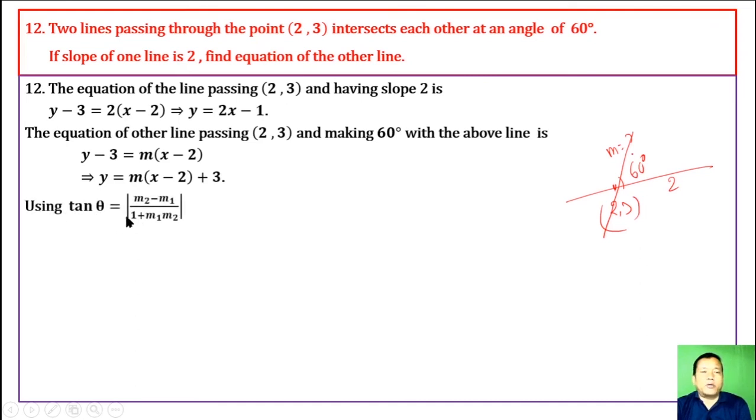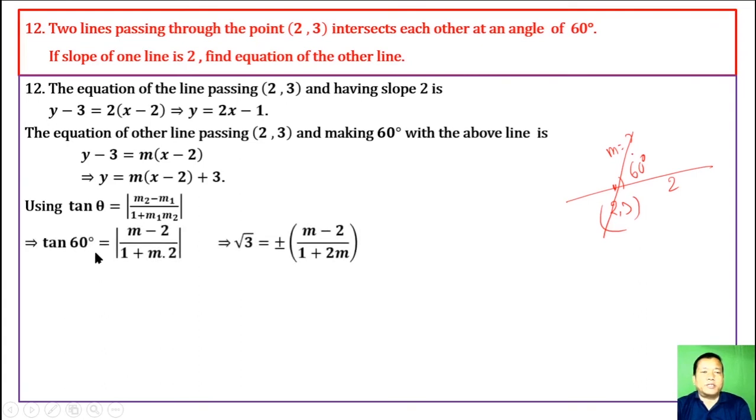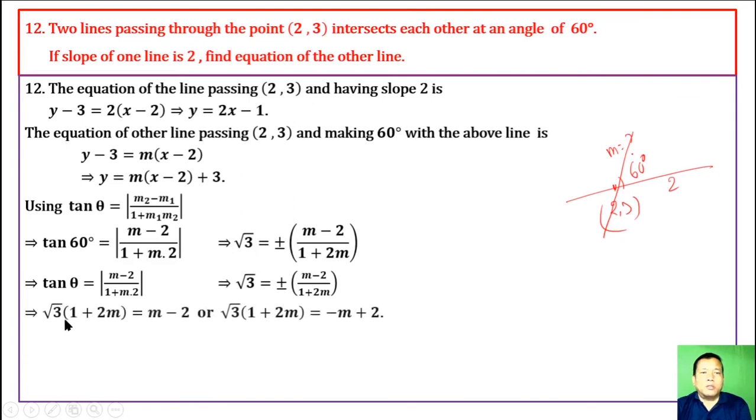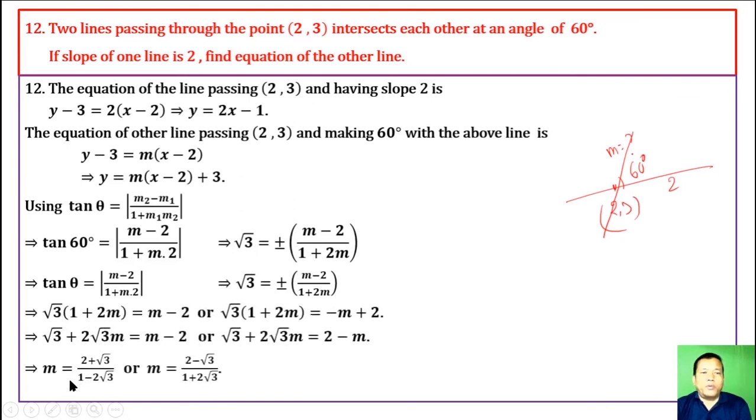Using tan theta equal to the modulus of (m2 minus m1) divided by (1 plus m1 m2), we get tan 60 equal to this, where m2 is replaced by m and m1 is replaced by 2. Solving, we get two values of m. First one is this, second one is this.